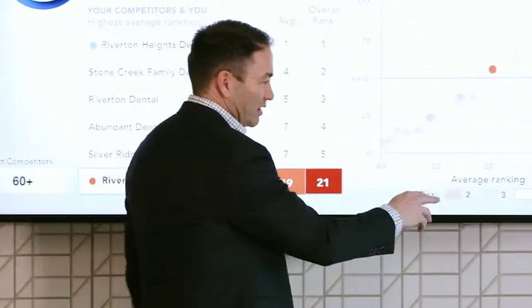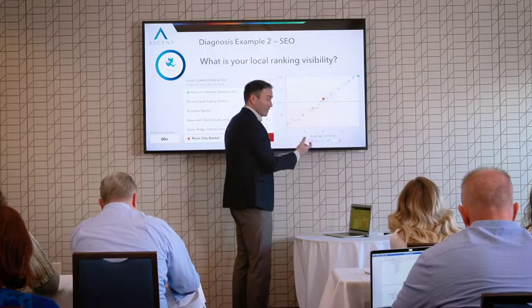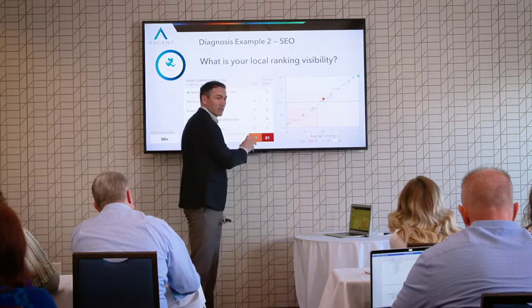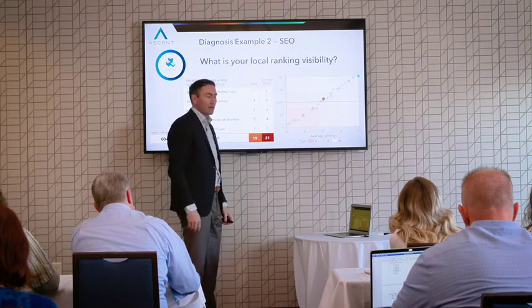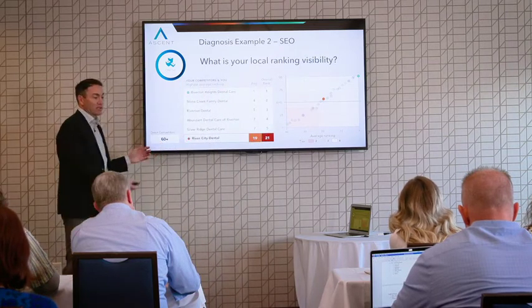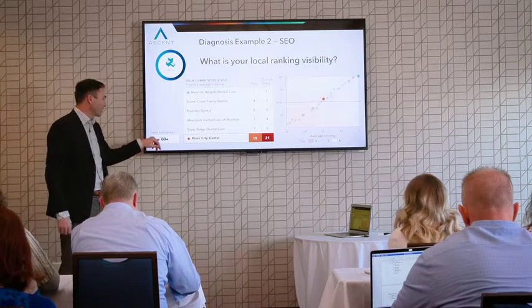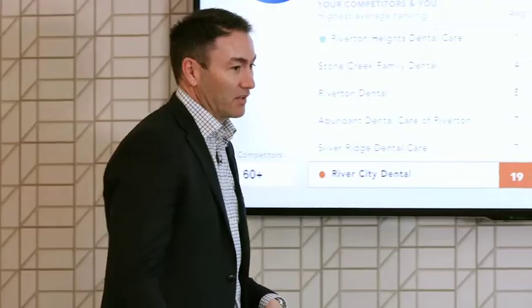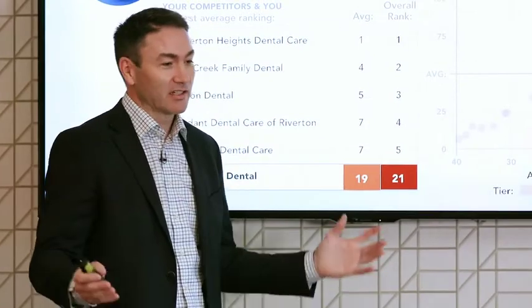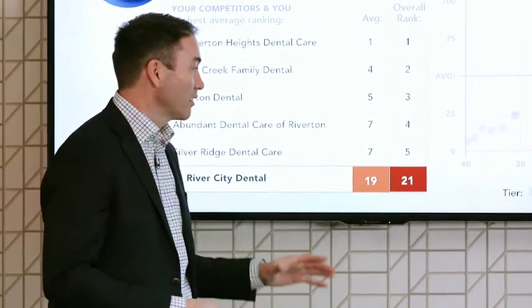You'll notice it only has tier 2, 3, and 4 here. Tier 1 exists, but it's these dentists that you can't even see. They're not even on the chart. This is a super competitive area. You can see on yours, it'll have a little box that says how many competitors. If it's 60 plus, it means there's at least 60. If there's fewer than that, then there's fewer than that.